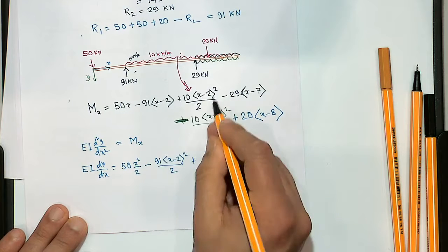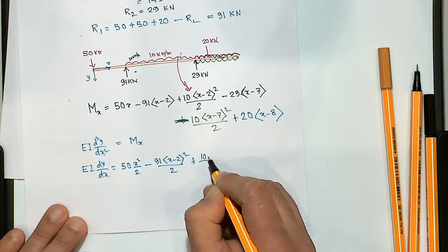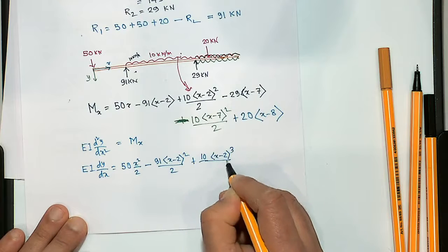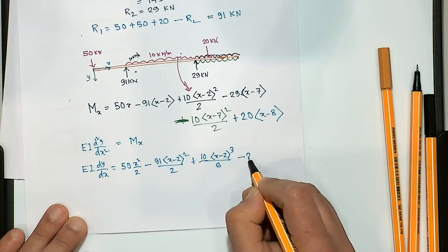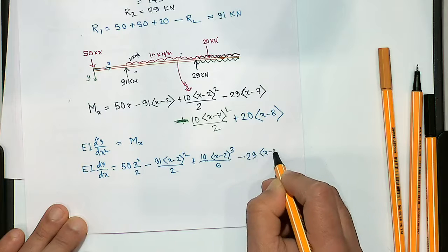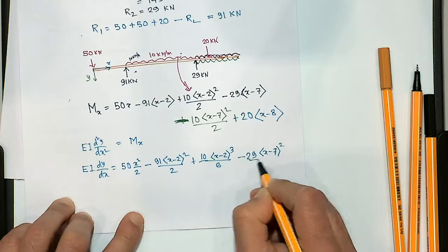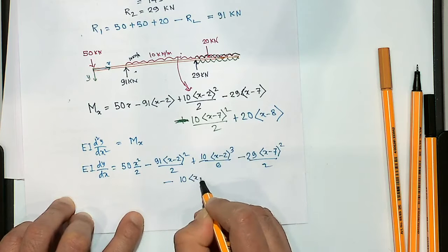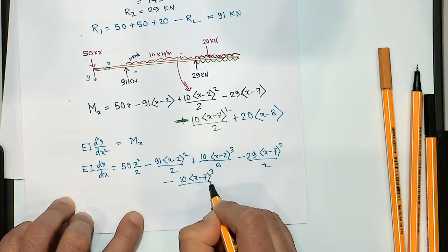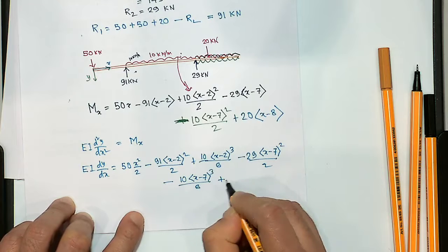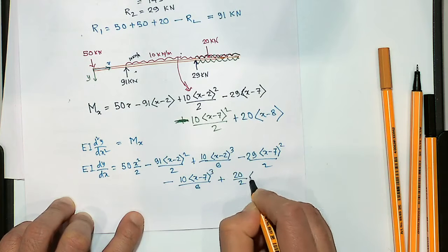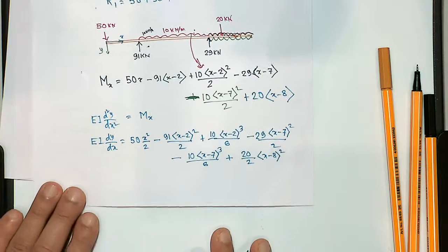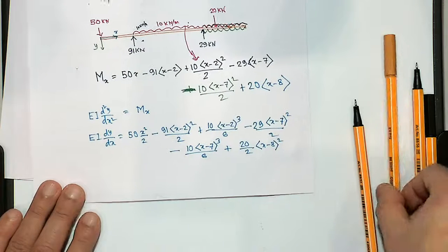That integration, so 10 over 2, that would be (x minus 2) cubed over 6. Minus 29 (x minus 7) squared over 2. This one minus 10 times (x minus 7) cubed over 6. And plus 20 over 2 (x minus 8) squared. So I have just used the expressions from the standard integration.